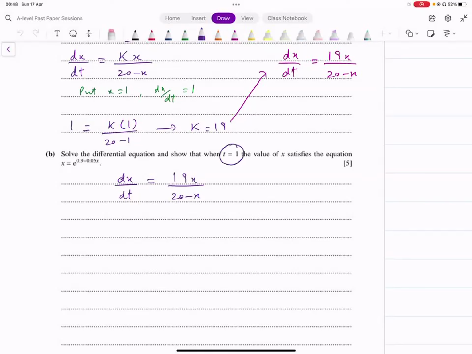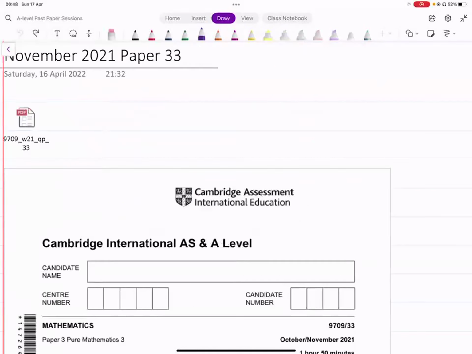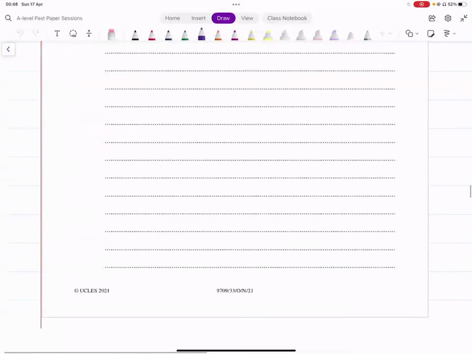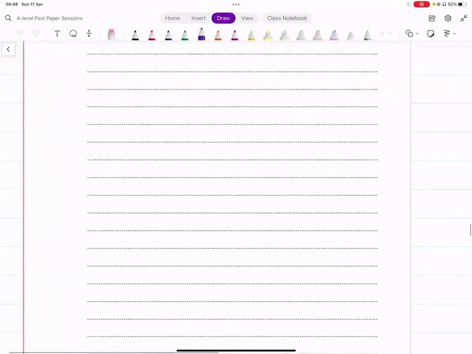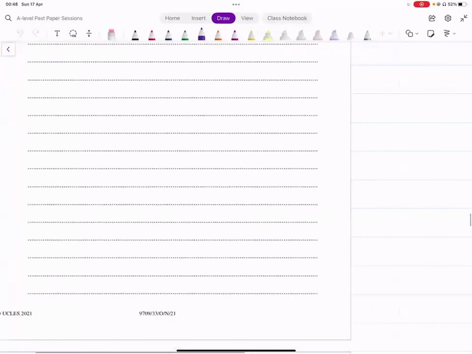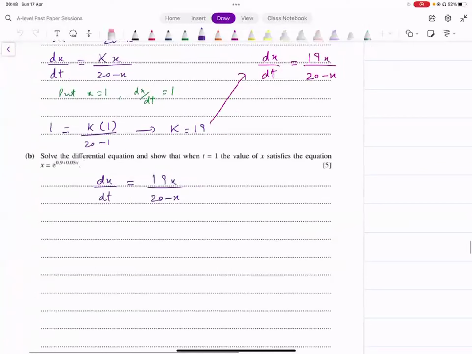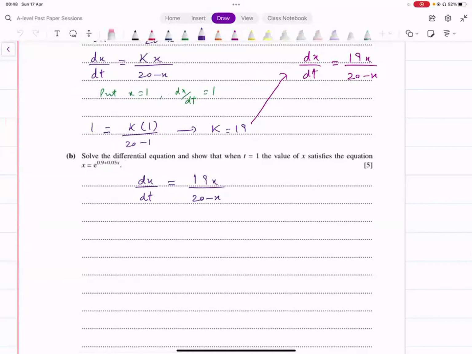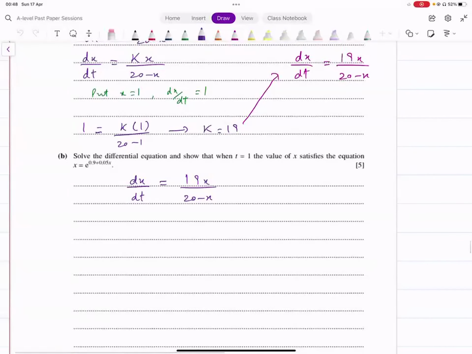Question number 10, we were here. We have to solve this differential equation and show that when t equals 1, the value of x satisfies this equation. Okay, let's solve this differential equation.